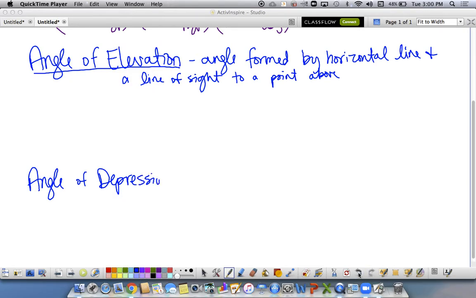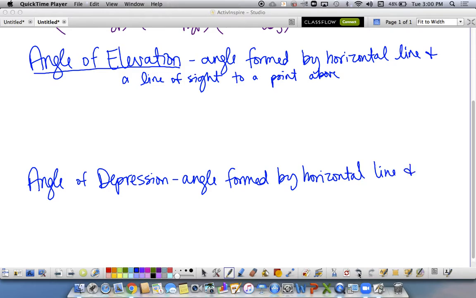Not spelled so well. Angle of depression is the angle formed by the horizontal line and the line of sight to a point below.